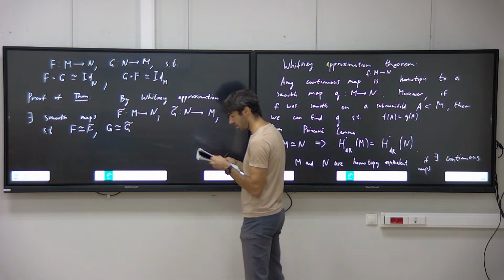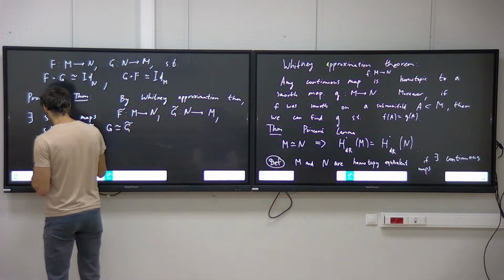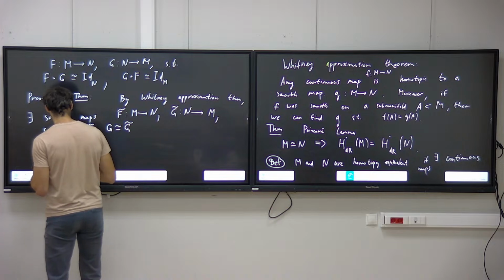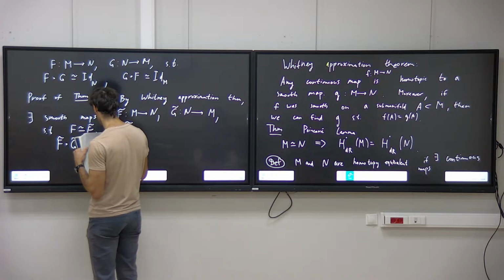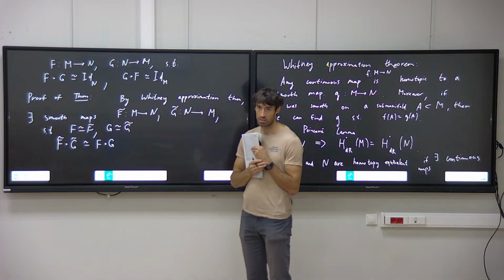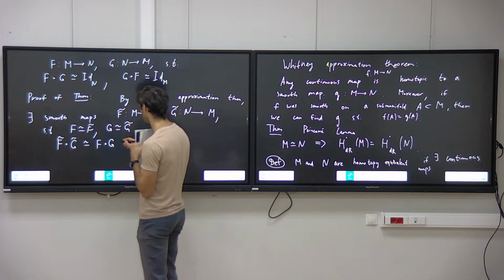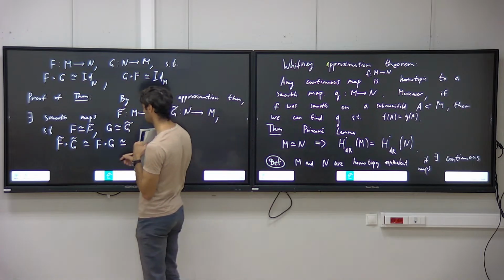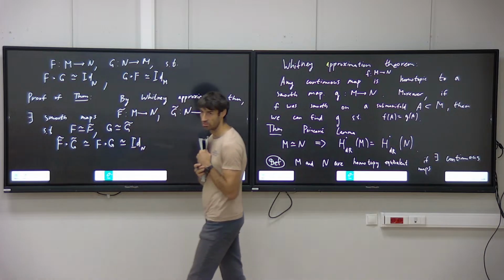Then we compose F tilde with G tilde. So the composition is of course homotopic to just the composition of F and G without tildes. Right? And I know that this is homotopic to the identity. Right?